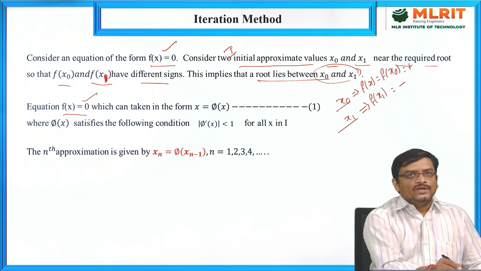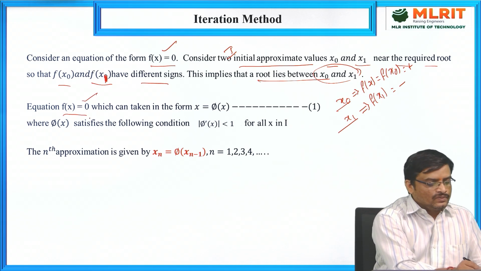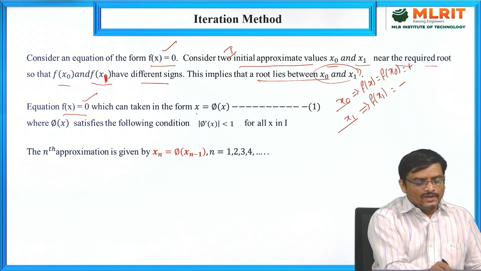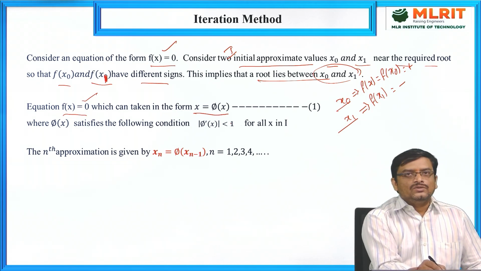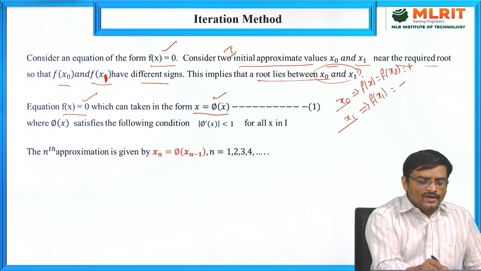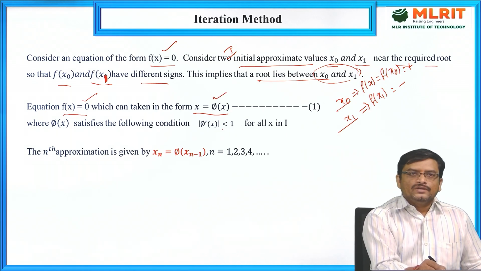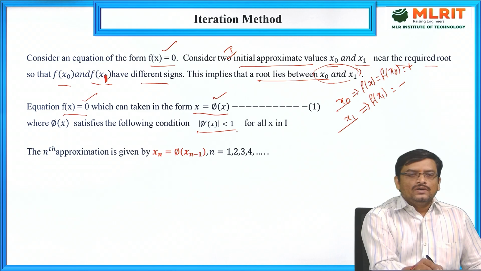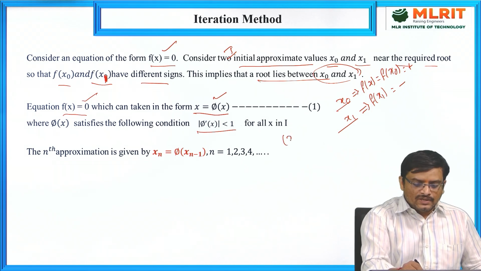And the second step is, now we have to convert this given equation f of x is equal to 0 into the form x is equal to phi of x. For this conversion, phi of x has to satisfy one condition: the modulus of phi dash of x should be less than 1 in the interval x0, x1.